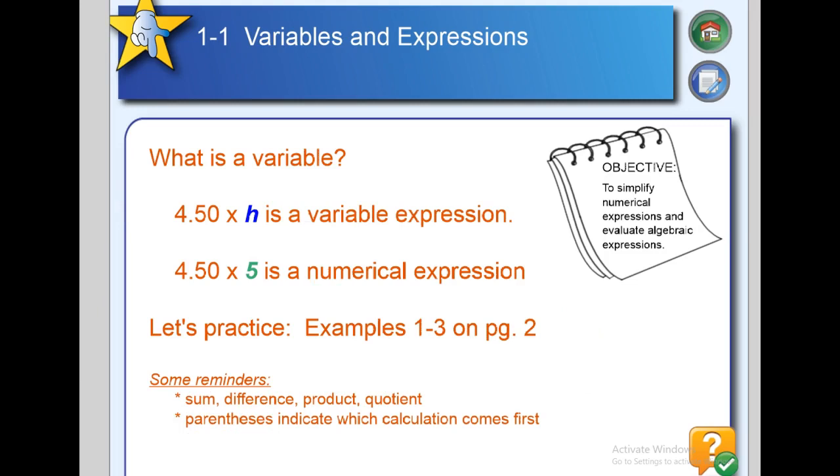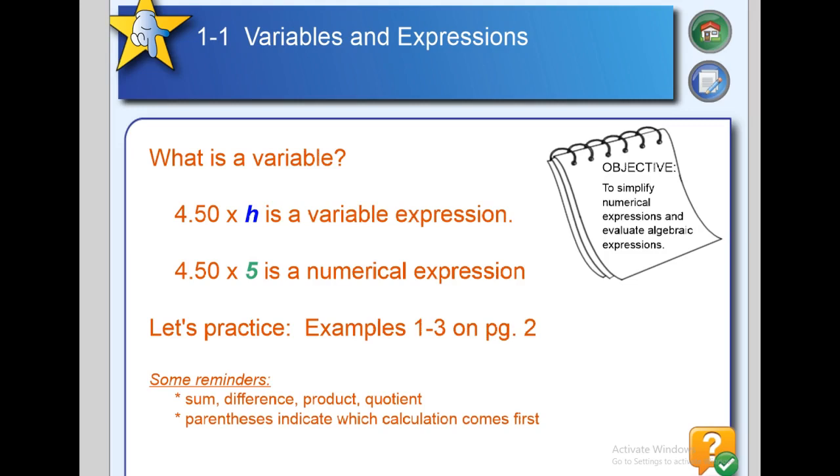Now, let's see what happens if they give me a variable expression. For a variable expression, we're going to look at example number 2. Again, we're on page 2 in your book. What we're going to do is replace the variable with the number that it represents. We call that evaluating the expression.